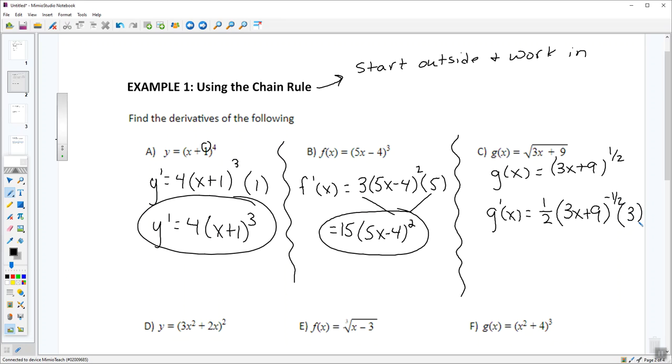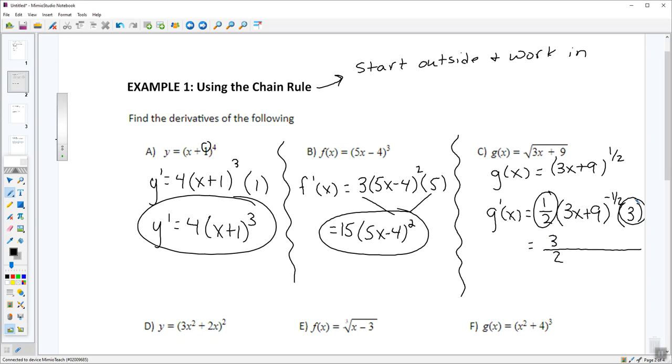Okay, so how about that 3 times 1/2 there? Could I call that 3 halves? Yeah. And then, how about that last part with the negative exponent? Do you want that negative exponent to exist up top or in the bottom? If I move it to the bottom, what's gonna happen to that sign? It's gonna be positive. So this is gonna be 3/2. Do we understand the 3/2 part? That's the 1/2 times the 3.